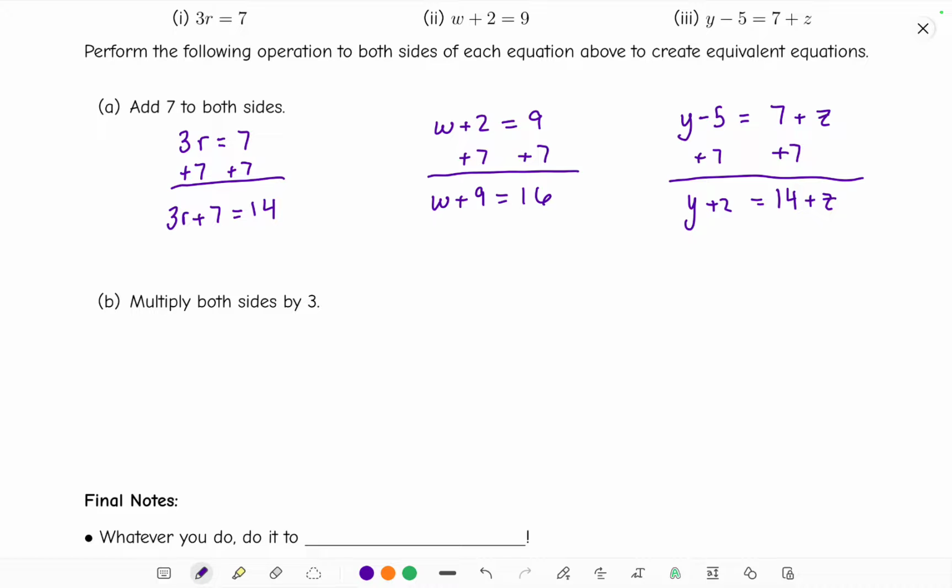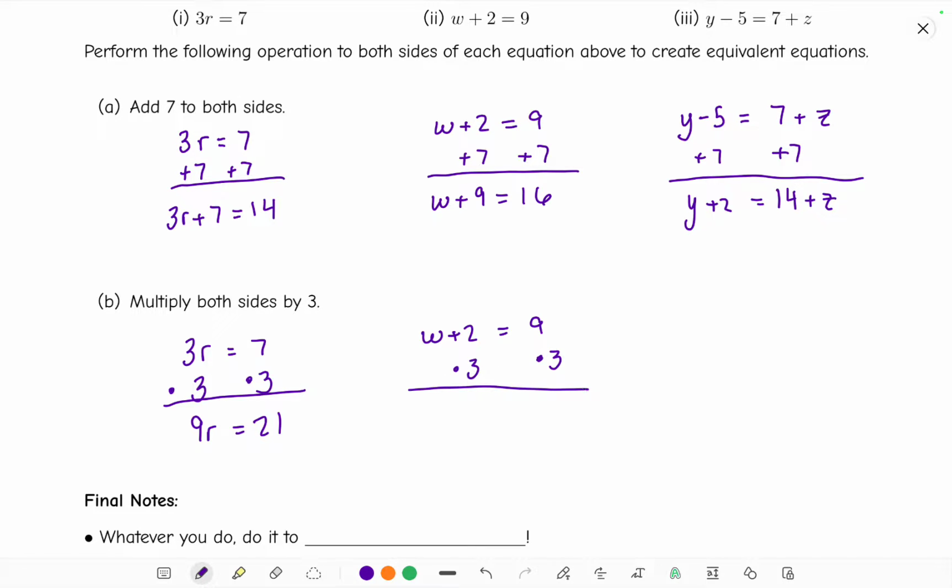Now, for part B, we want to now multiply both sides by 3. So 3r equals 7, multiplied by 3, multiplied by 3. We get 9r equals 21. And then I need to multiply this side by 3 and multiply this side by 3.